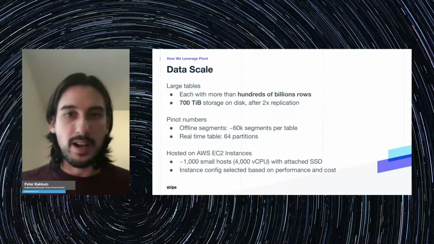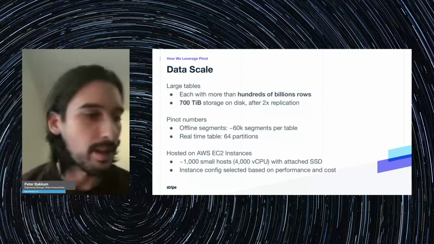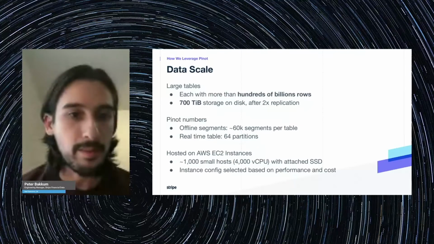And so this is one of, if not the biggest production Pinot table, or so we're told. And spinning this up and making it work well required tuning and experimentation, especially with indexes, with node sizes, memory and disk allocations, etc.